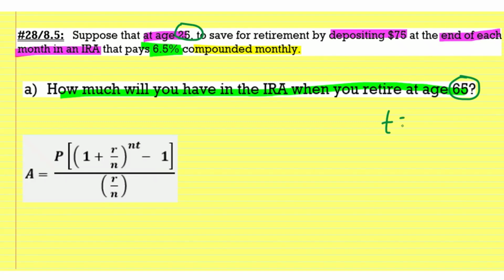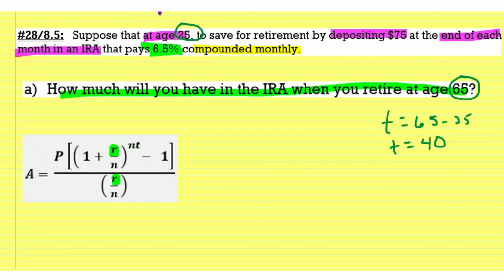They've given us a beginning age and an ending age, and from that we can determine the time. The time is going to start at age 25 and go to 65. If we subtract 65 minus 25, that gives us a time of 40 years. We're going to put into our retirement IRA for 40 years. It also tells us that the interest rate is 6.5, so that goes into the interest rate position.